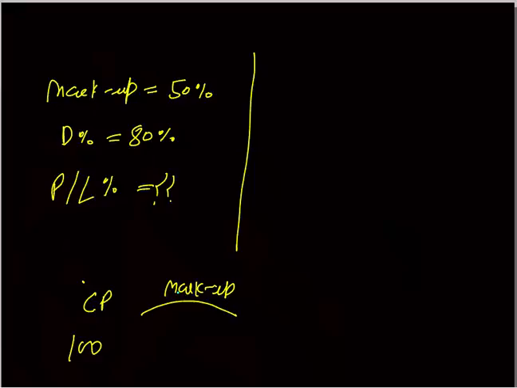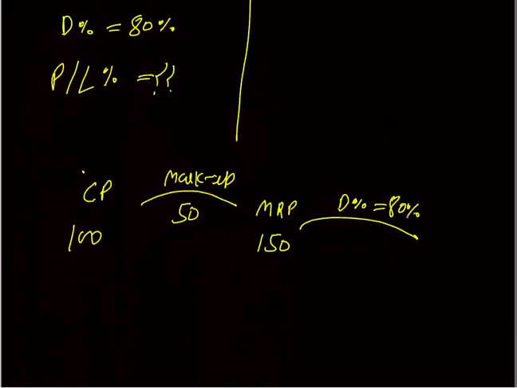What is the meaning of markup? You are increasing the cost price by 50%. So I am increasing the cost price by 50% of 100, that is rupees 50. So my MRP would be 150. Now discount percent is given to me as 80%. Now this 80% discount will be applicable on the MRP. So 80% of 150, the discount is 120.